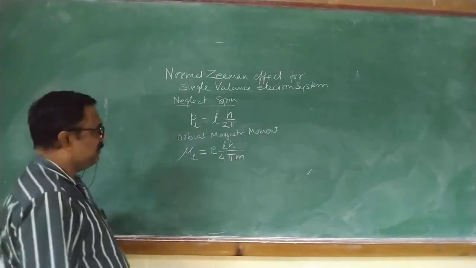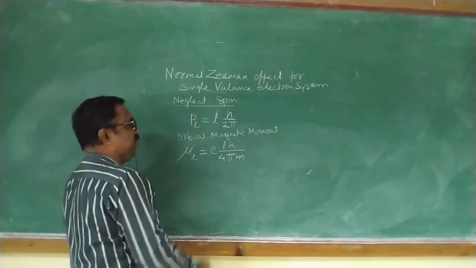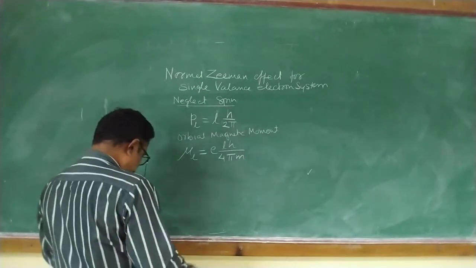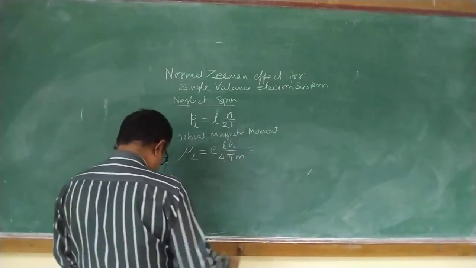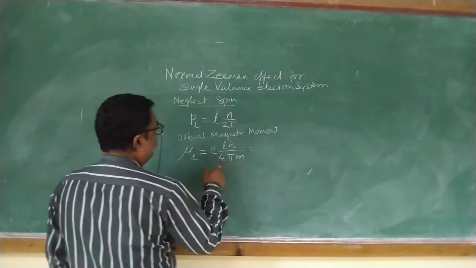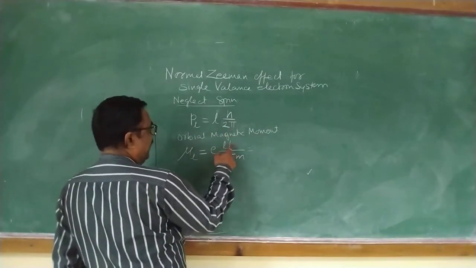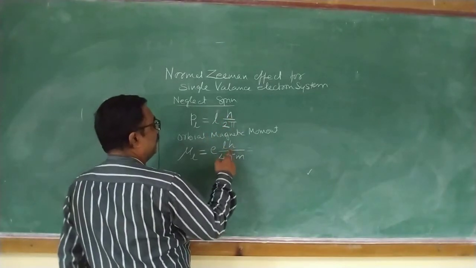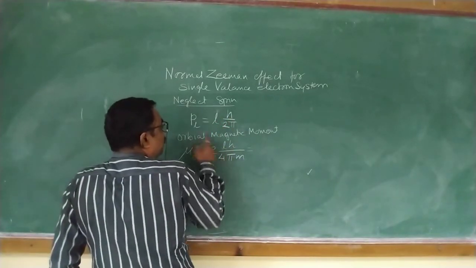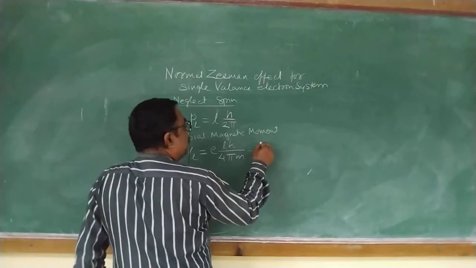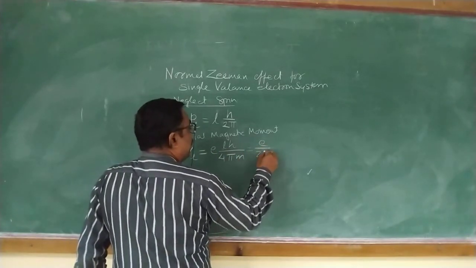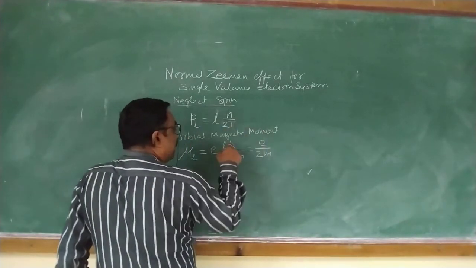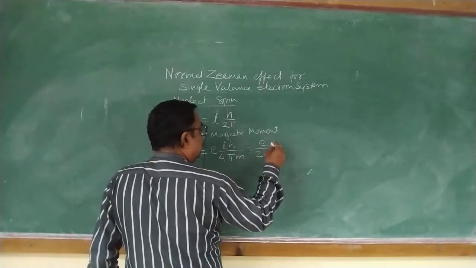You can put this as, now you know L h by twice pi is PL.